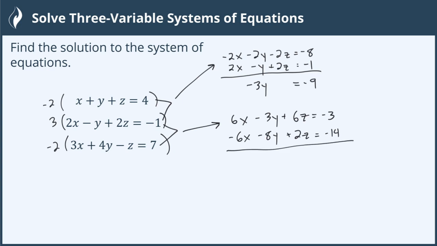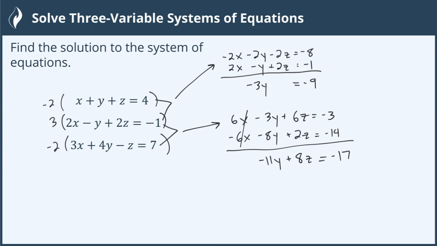So I'm now going to add my columns. Right here becomes a 0, and then I'm going to add my -3 and my -8. So I've got a -11y, and then plus 8z is equal to -17.